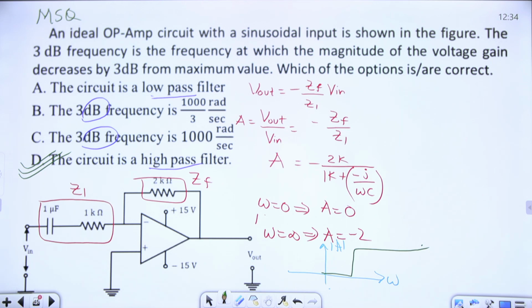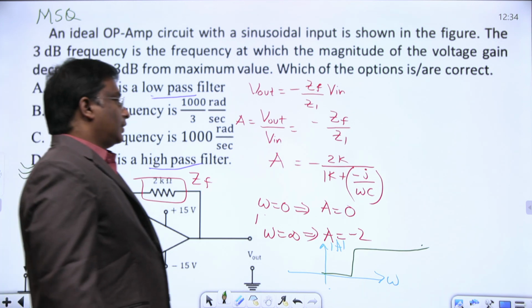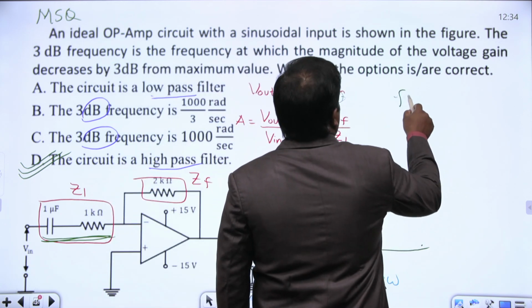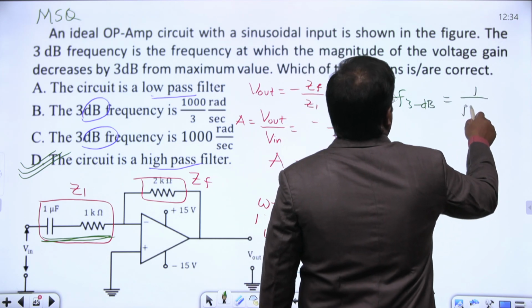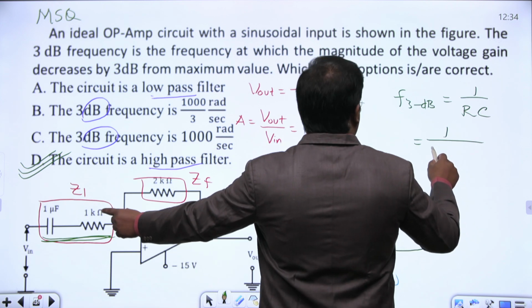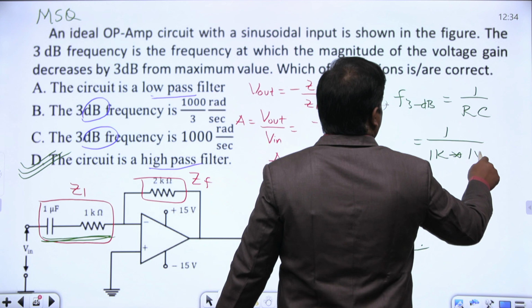Directly, this will give the information about the 3 dB frequency. With time constant RC, the 3 dB frequency is 1 by RC. Now what is the R value? R is given as 1k and C is given as 1 micro.